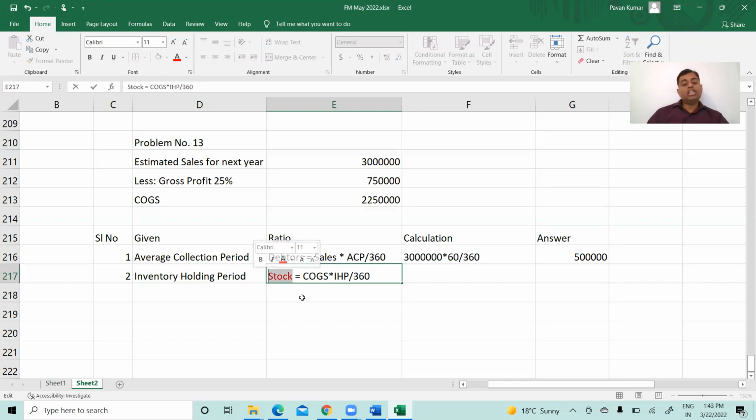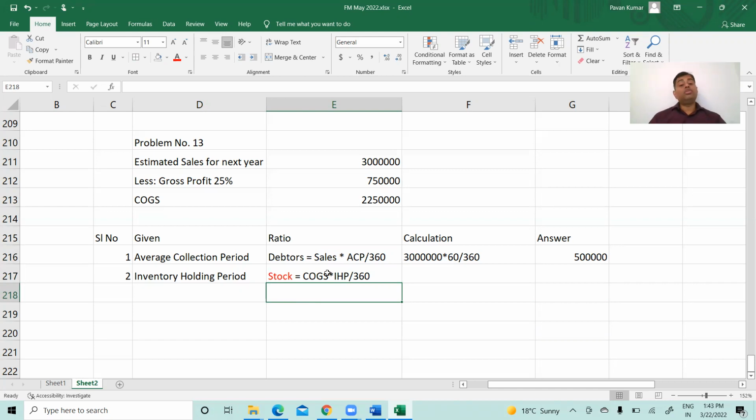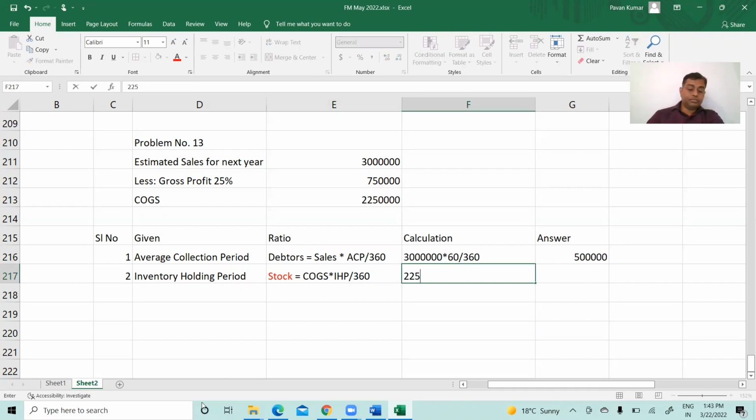But because we need to calculate stock, we are rewriting the formula. When you studied the formula, you might have studied inventory holding period is equal to average stock by cost of goods sold into 360. Okay, now tell me the calculation. COGS how much, ma'am? 22,50,000.